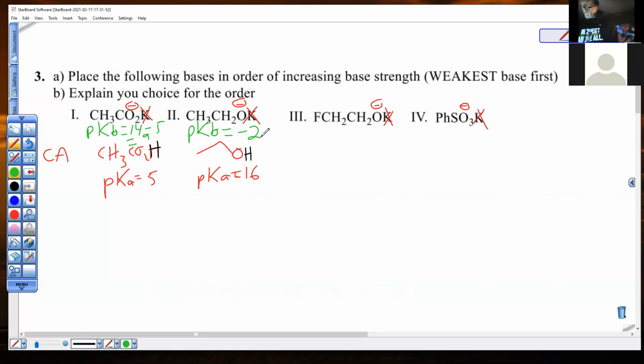pKa of 2-fluoroethanol. Don't worry about its name. It's the species here. There's something called the inductive effect I hope you've read about. It says pKa is going to be close to 16, but less. And this looks almost exactly like toluene sulfonic acid.